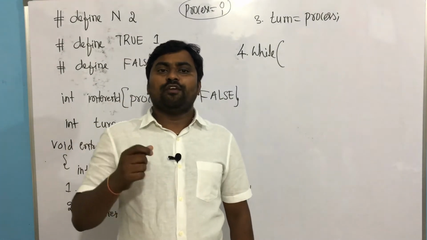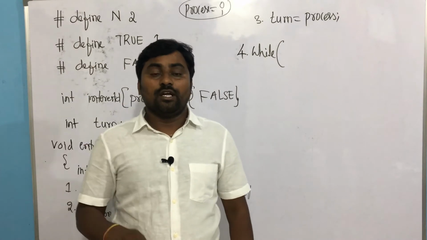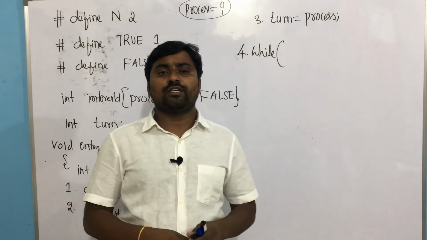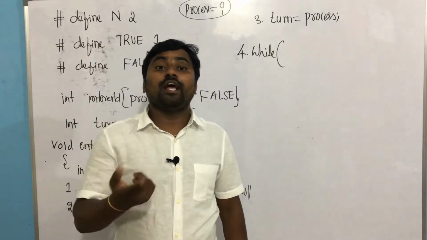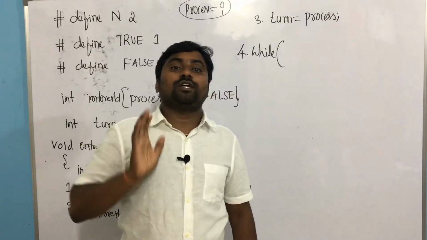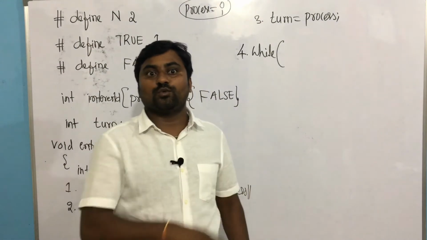First thing, suppose process 1 is interested and P0 is not interested. If the other process is not at all interested, definitely the interested process is going to use the critical section. But it has to wait when both processes are interested and one of them updates the turn value. Such a case is going to wait.